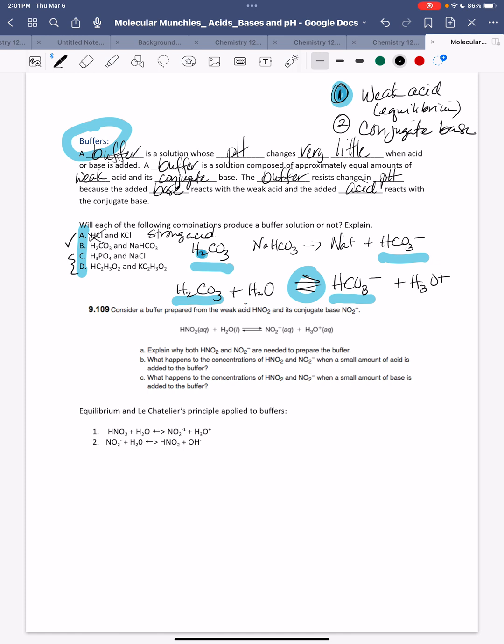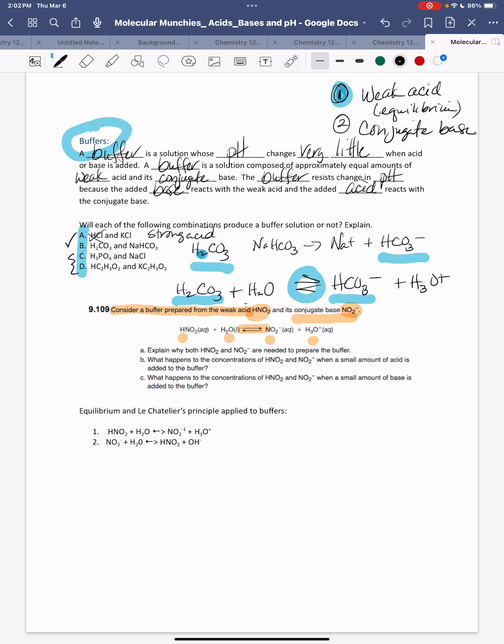Let me try to explain that to you here. This is a question that says, consider a buffer prepared from a weak acid, nitrous acid, HNO2, and its conjugate base NO2 minus. Again, you can see it's missing its hydrogen. So there's the acid and the base on the reactant side, and the base and the acid on the product side. They're in equilibrium.